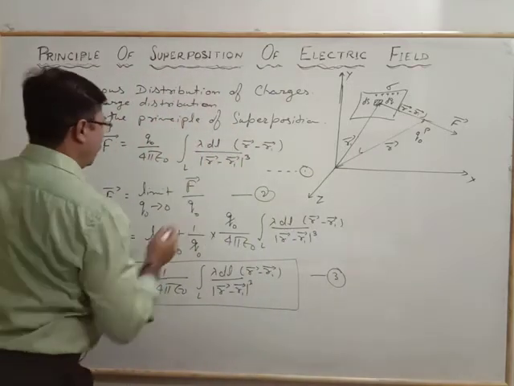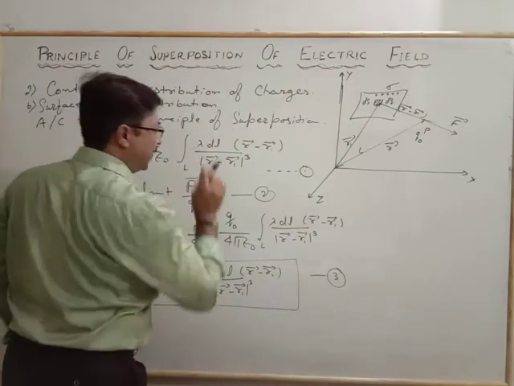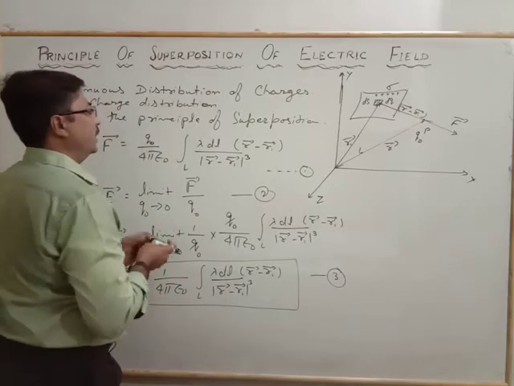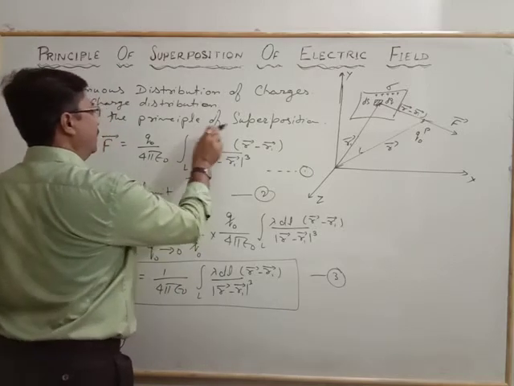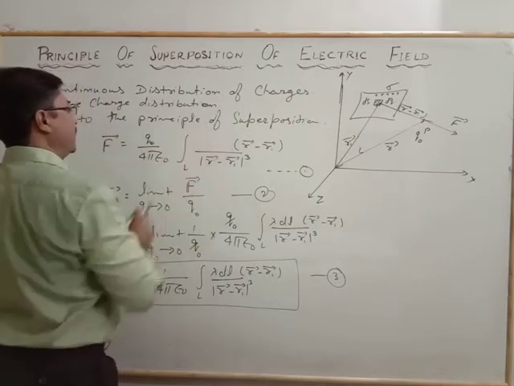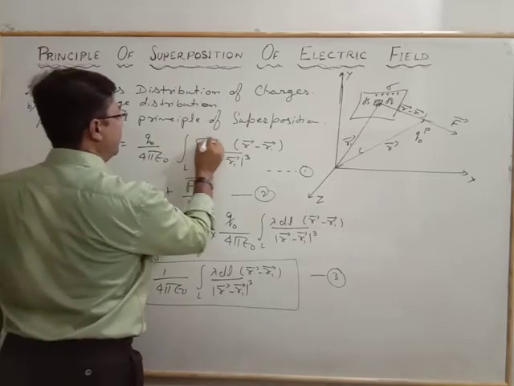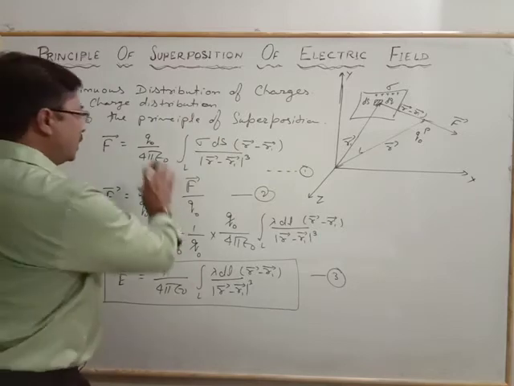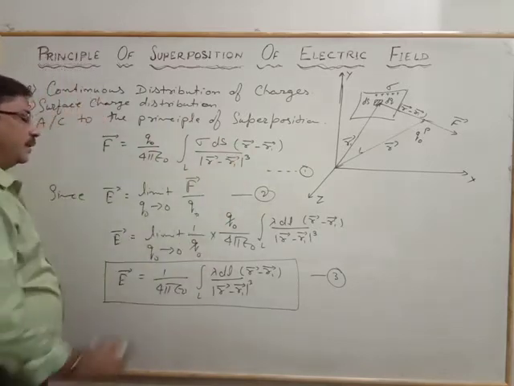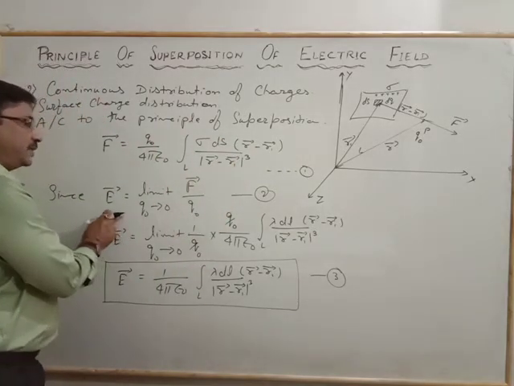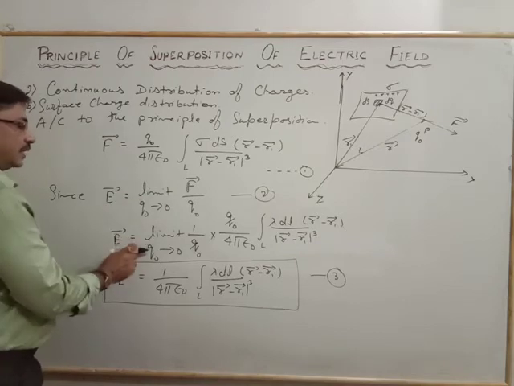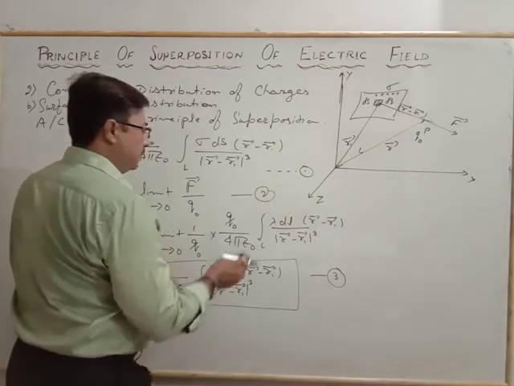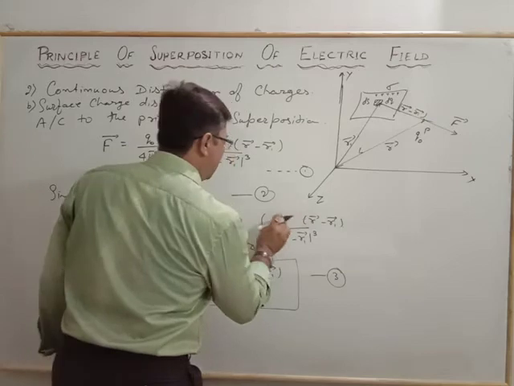So for that relation we change it in a simple way: where we have taken earlier lambda and dl, in this place we will write sigma and ds. Everything is the same. The process is also the same, and the same definition we will use for the electric field. But the arrangement changes a little.